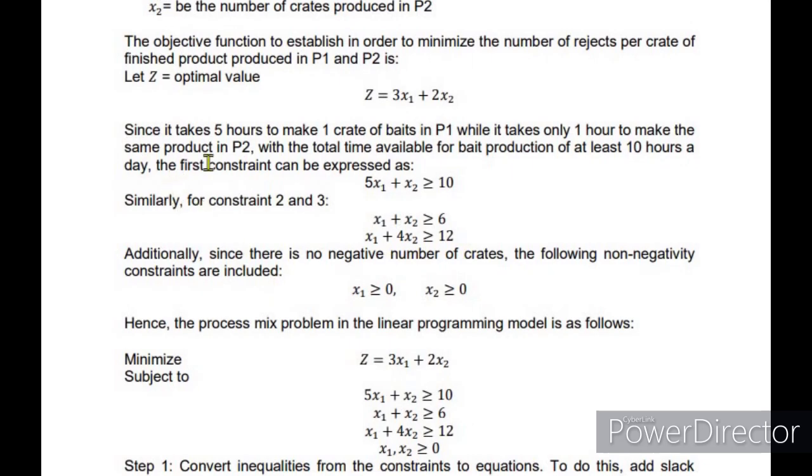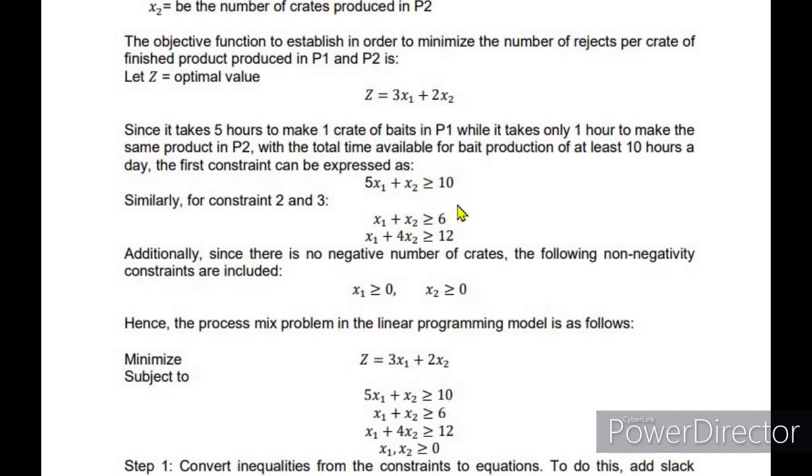So next, since it takes 5 hours to make 1 crate of baits in P1, while it takes only 1 hour to make the same product in P2, with the total time available for bait production of at least 10 hours a day, the first constraint can be expressed as this. Okay? So 5 hours for x sub 1, which is in P1, then 1 hour for x sub 2, which is in P2.